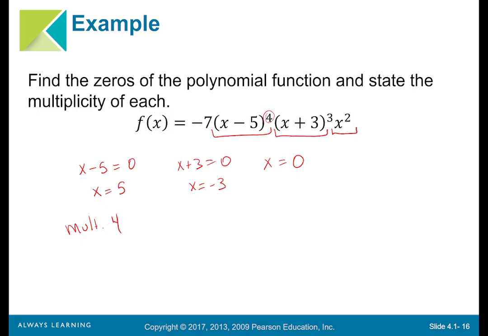Similarly, x plus 3 gave us the x minus 3 term. That has exponent 3. So that has multiplicity 3. And the last one at x equals 0, that came from our x squared term, that has multiplicity 2. So we know this one will be tangent to the graph.